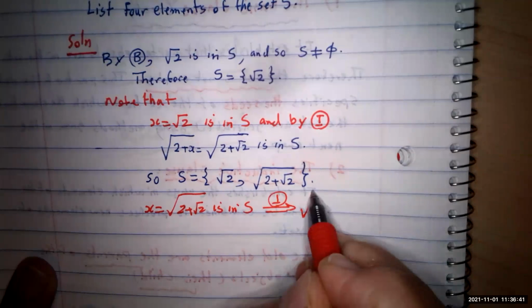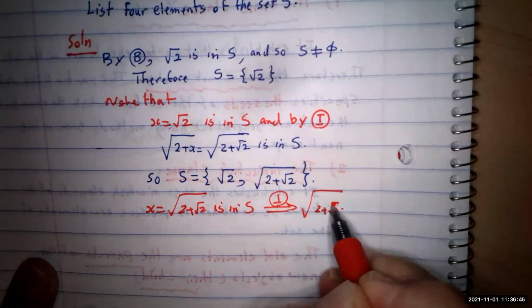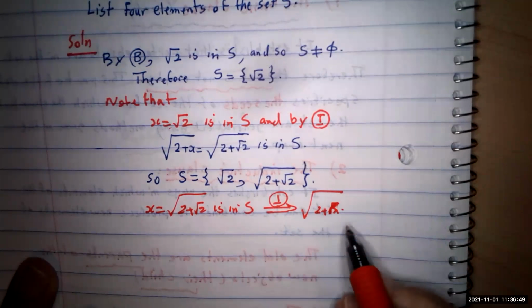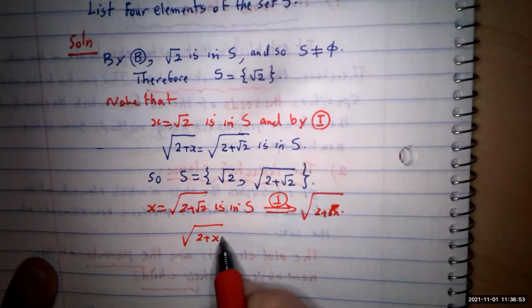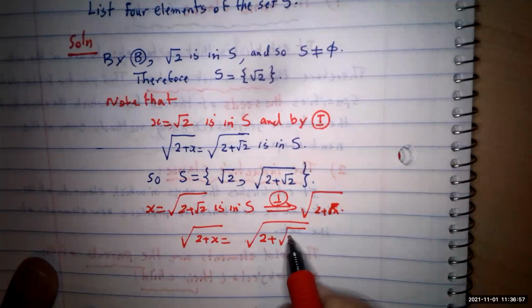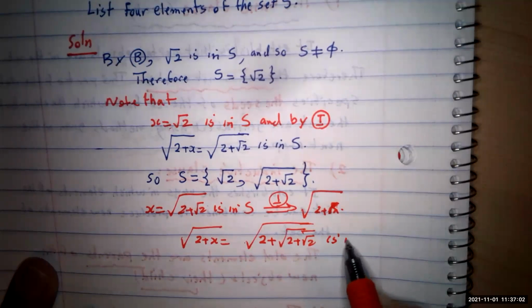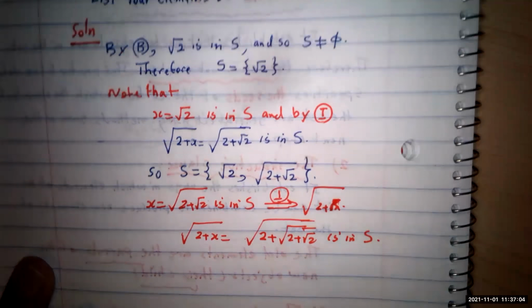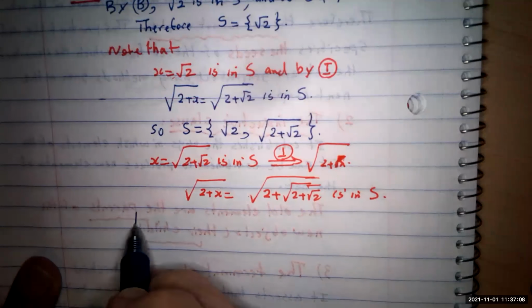What is the next one? 2 plus radical x, so 2 plus x, I write it down here. 2 plus x would be what now? It would be 2 plus radical 2 plus radical 2, which is in S.